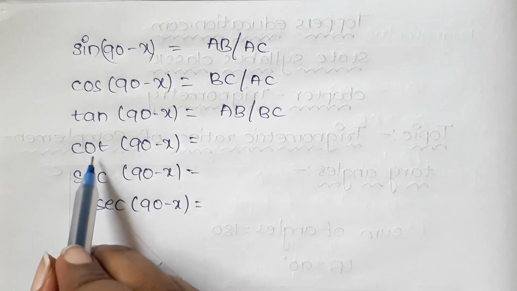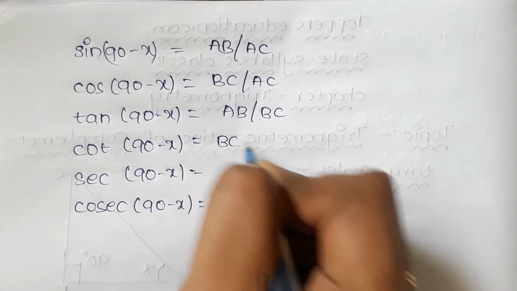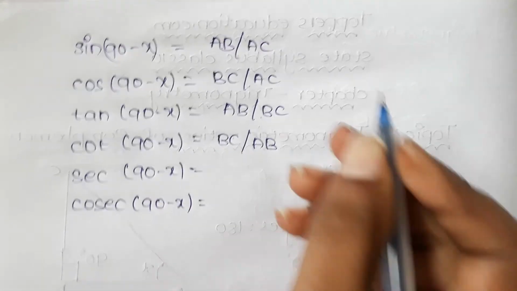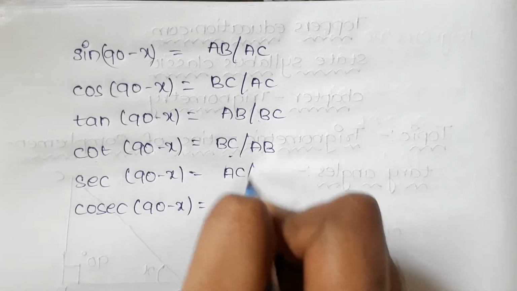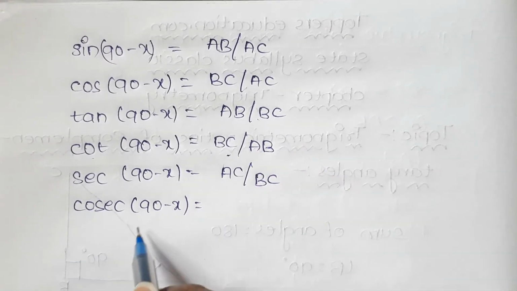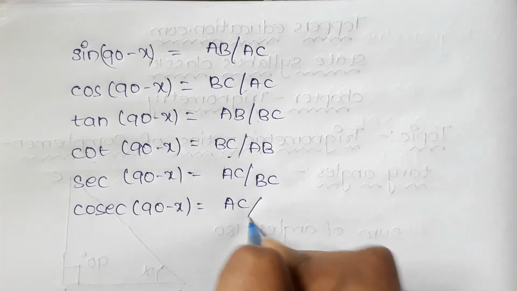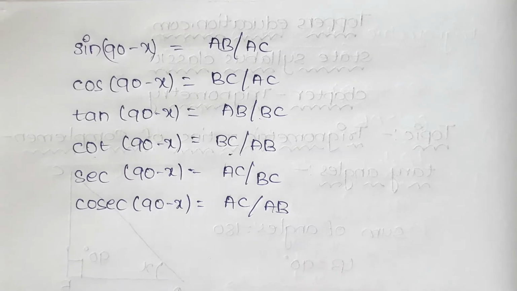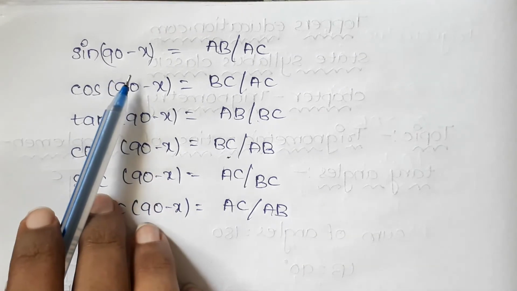Cot is the multiplicative inverse of tan, that is BC by AB, and similarly secant is the reverse of cos, AC by BC. Cosecant is the reverse of sine, that is AC by AB.